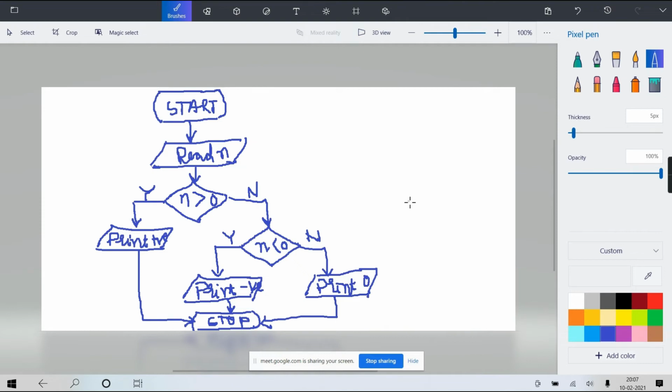A plus B plus C divided by 2. It's a calculation. The calculation should go in a rectangle, not in that parallelogram. So take S equal to A plus B plus C by 2 in a below box. Okay, and then print and then end. Start end you write, start finish you write, start stop you write, that doesn't matter. But symbols you should use proper.